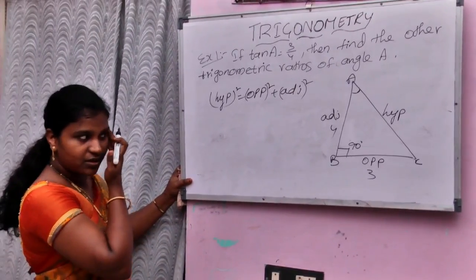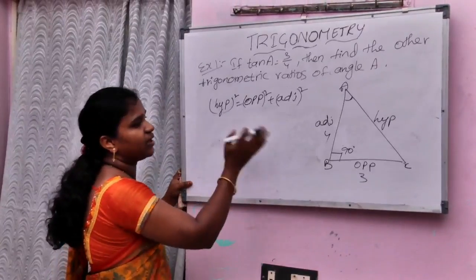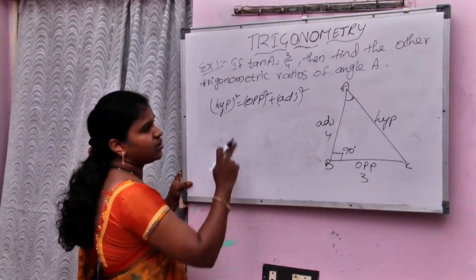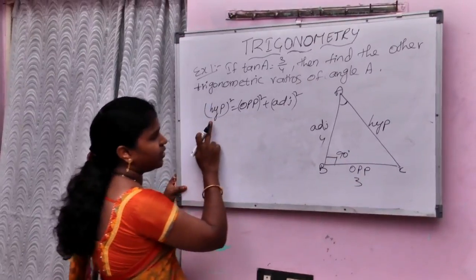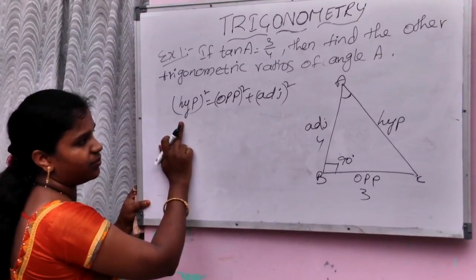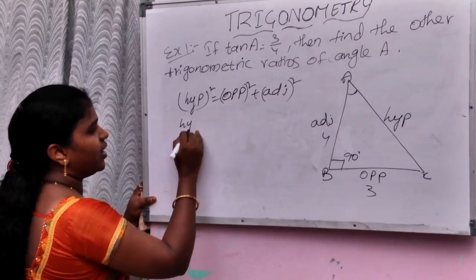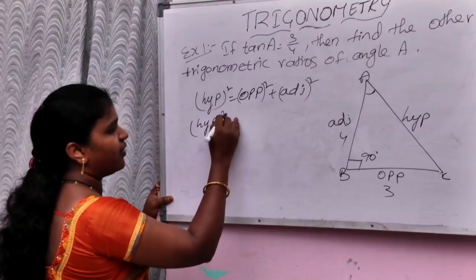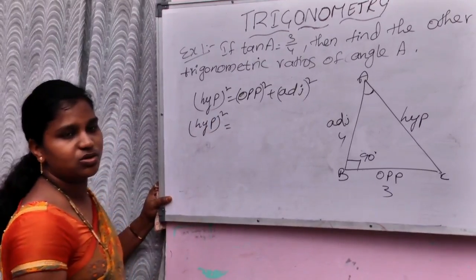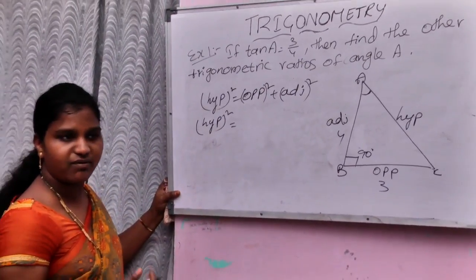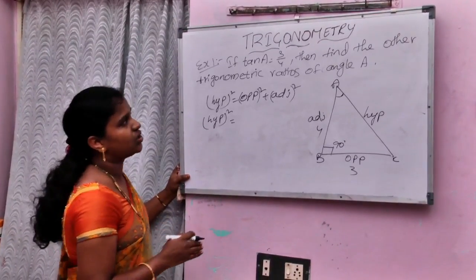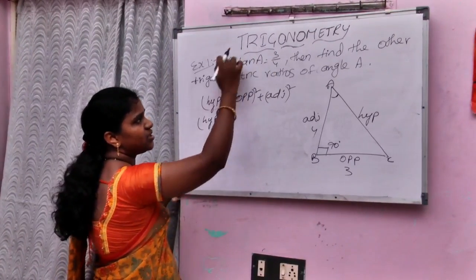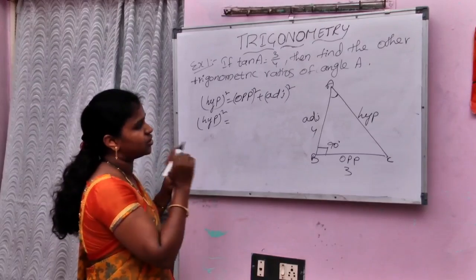In earlier classes we learned how to derive the Pythagoras theorem. To find the third side, that is the hypotenuse, we are using the Pythagoras theorem. I want to first find the hypotenuse so that I can find the remaining trigonometric ratios. How many trigonometric ratios do we have? 6.